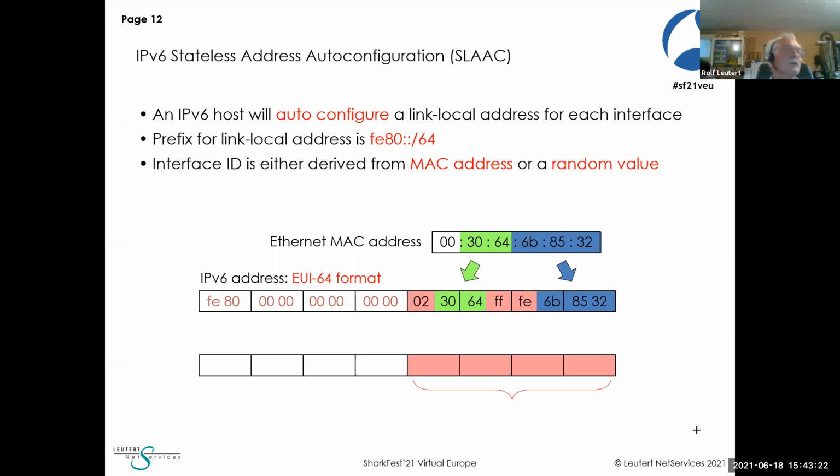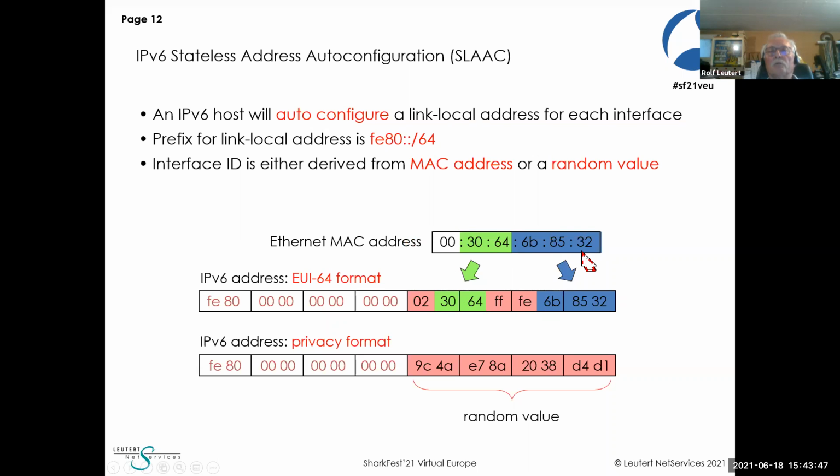Okay, we'll come back to this, but we have to look at address configuration. Again, a completely different approach. The FE80 address, for example, which we just saw, is created on its own. And we have two different systems to create it. One is derived from the MAC address.